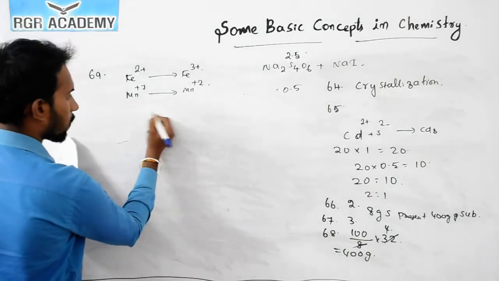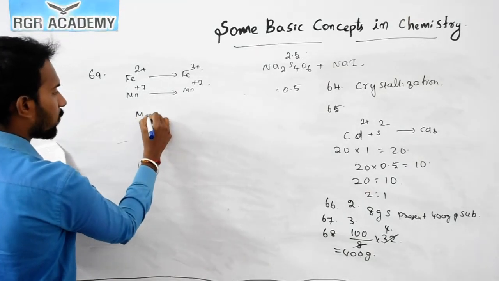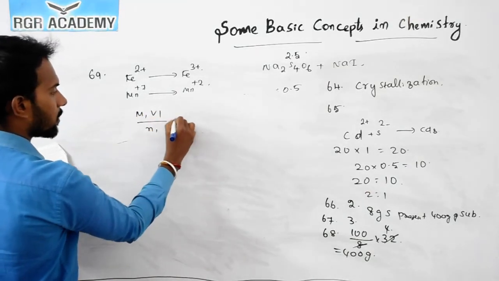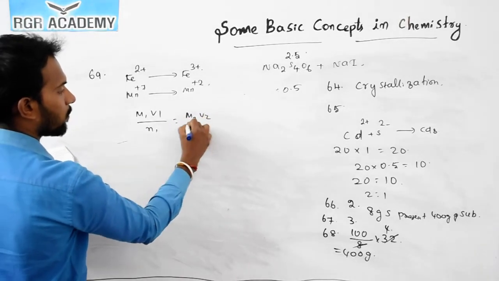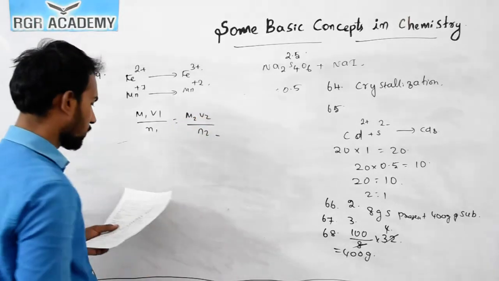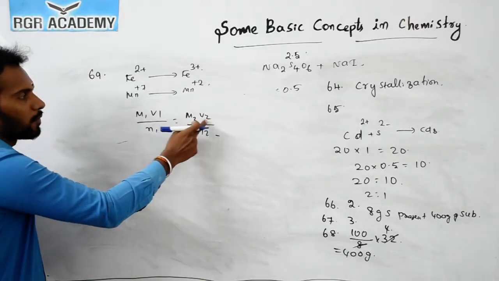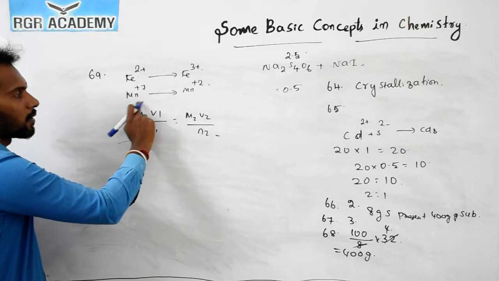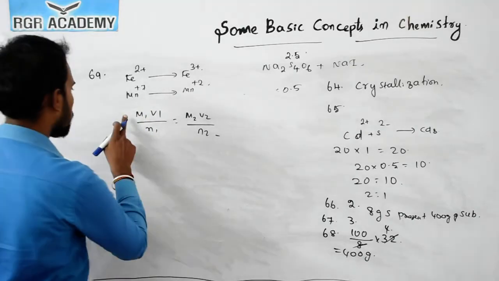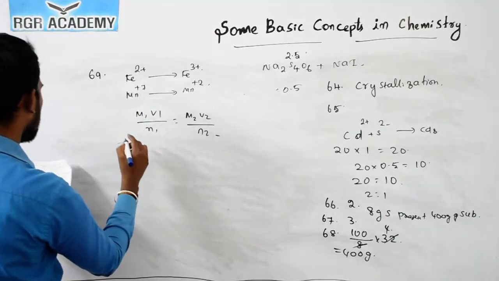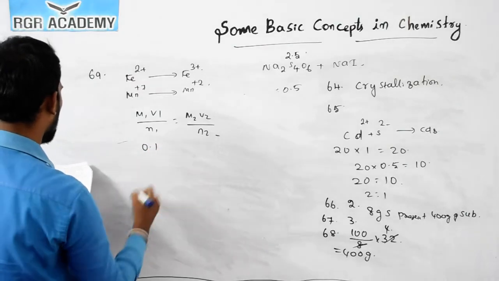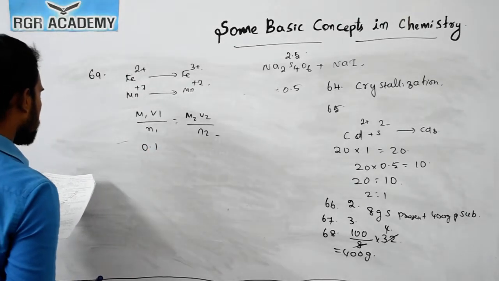So we are going to use this formula M1 V1 by N1 is equal to M2 V2 by N2. Now we are going to find out the M2 V2 which is for this manganese. So the M1 which is given is the molar concentration, 0.1.